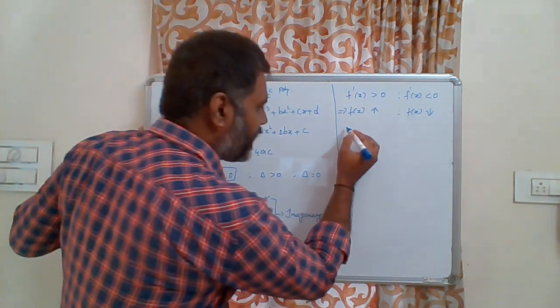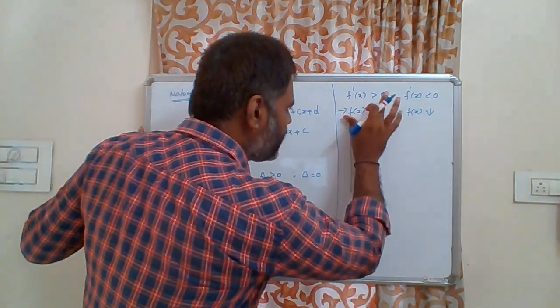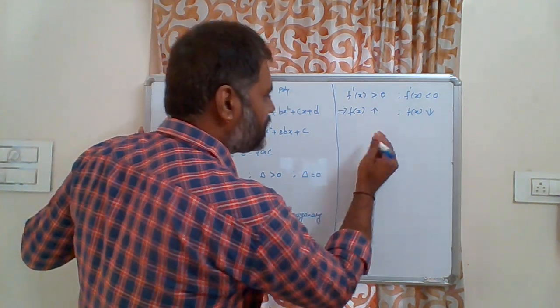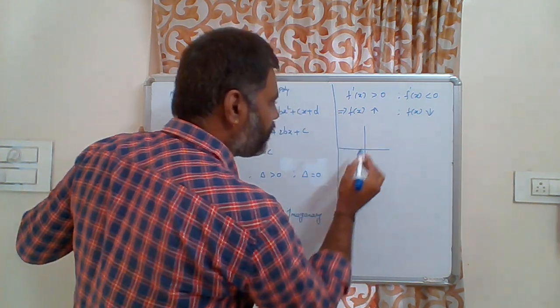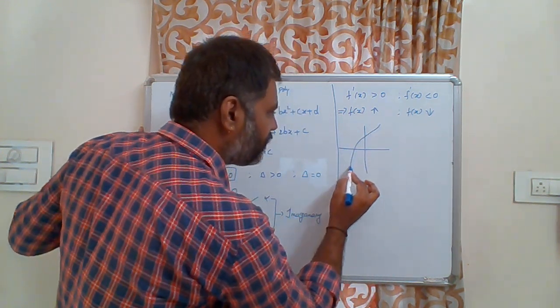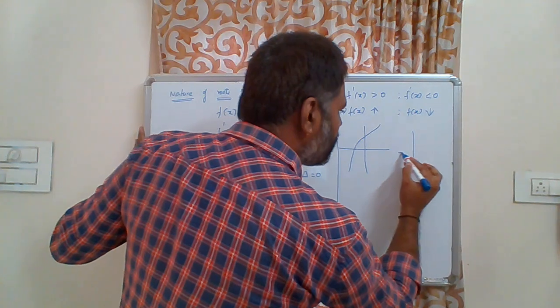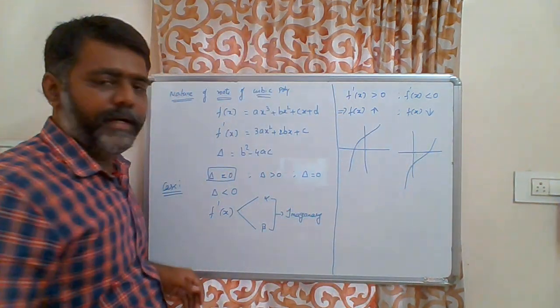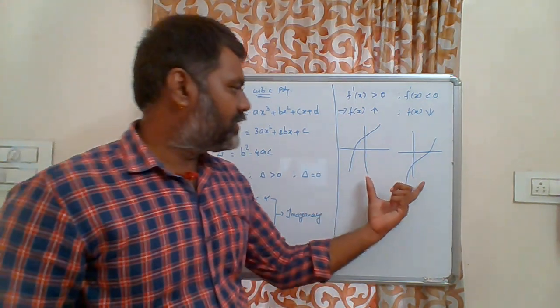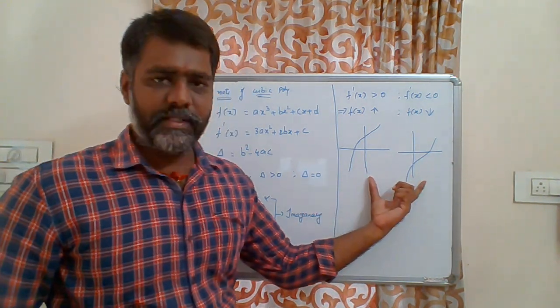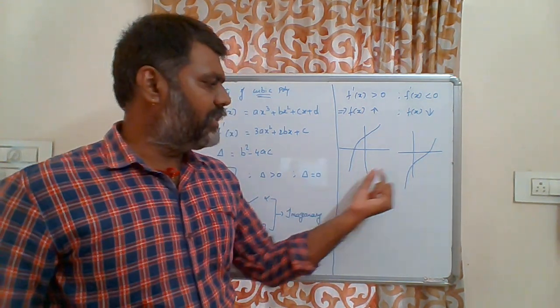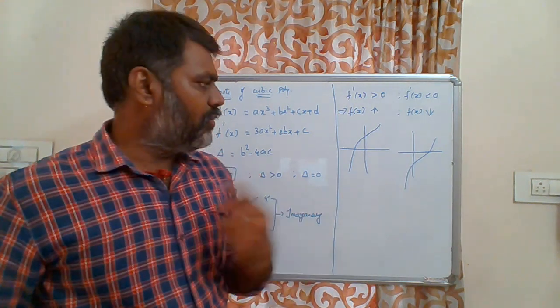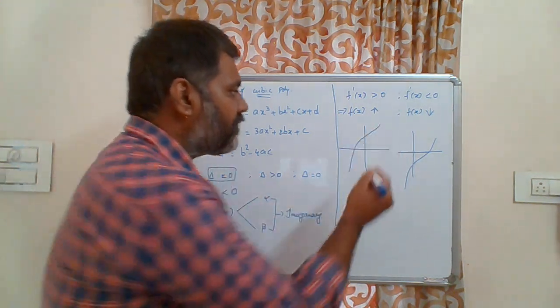So now let us see the graphs. Either strictly increasing or strictly decreasing means the graph of the function intersects the x-axis at only one point. So two possibilities exist here. By observing these two graphs, our conclusion is this. This graph is the f of x graph.